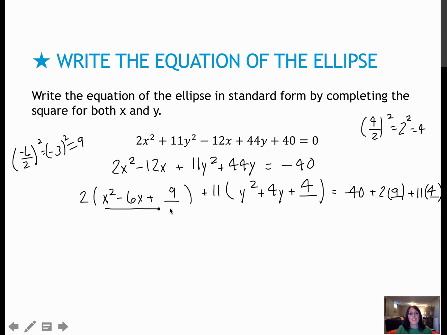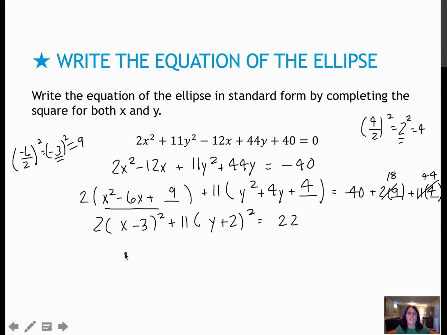Remember, when I write this as a perfect square, I'm using the minus 3, so x minus 3 quantity squared. In here I have a plus 2, so y plus 2 quantity squared. This is 18. This is 44. So if I add all of those together, I get 22.